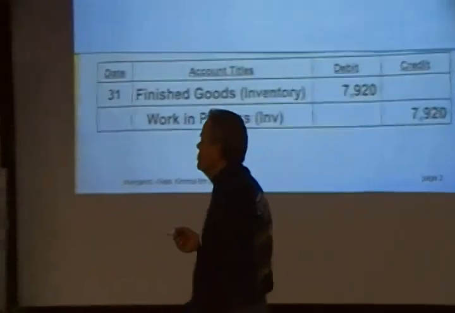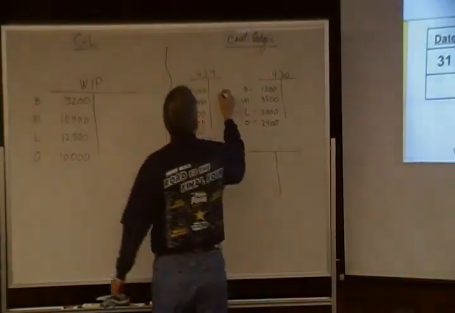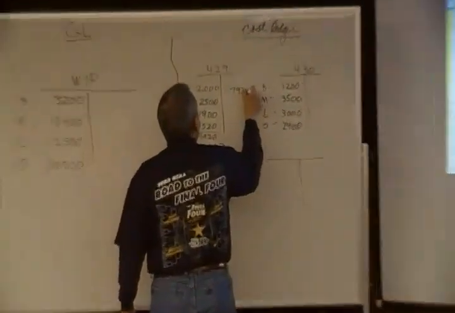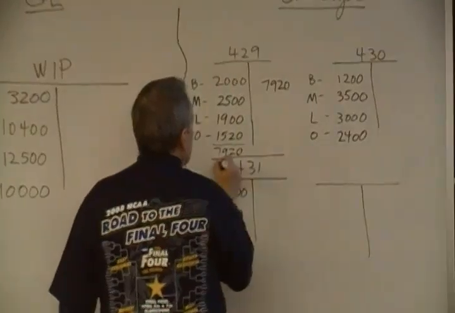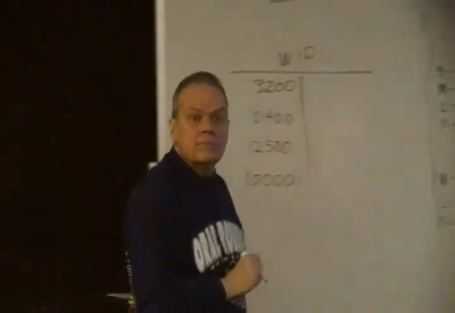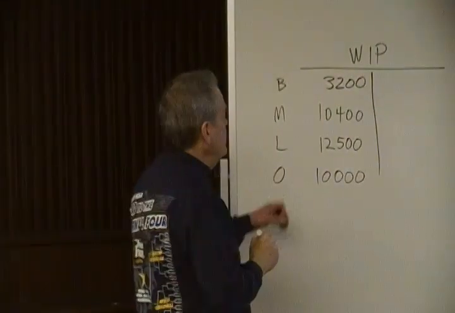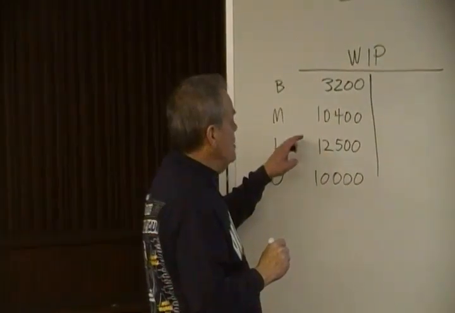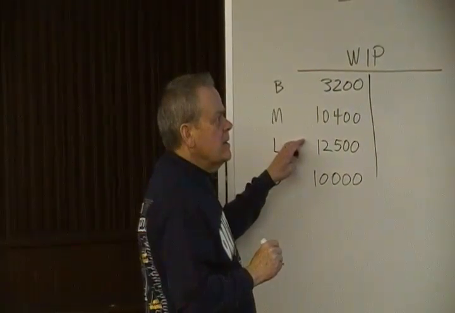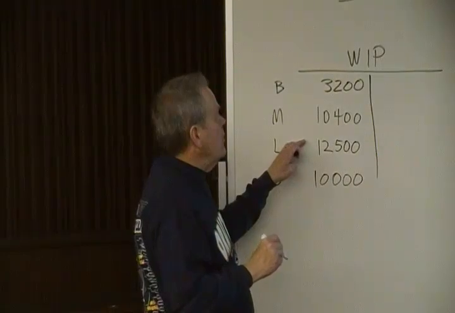I ought to post to this account 7,920, which makes the balance of this account 0. And to this account, debit finished goods, credit work in process.